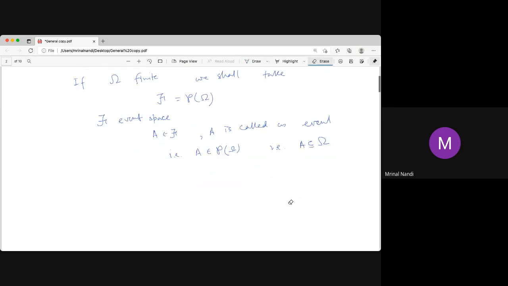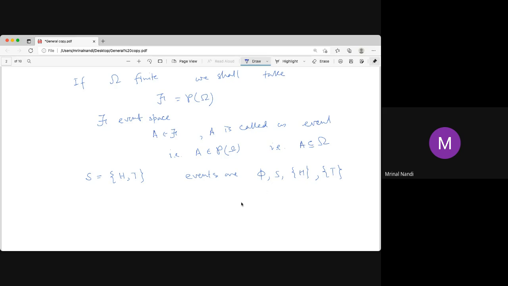Something like that. If we toss a coin, then {H, T} is the sample space, and the events are phi, the set containing H, and so on. So H is not the event. We sometimes say H occurs. Actually, H occurs means the set containing H occurs. We can't talk about the probability of head. This is actually meaningless. We say probability of head is half, but the actual thing is that the probability of the set containing head is half.